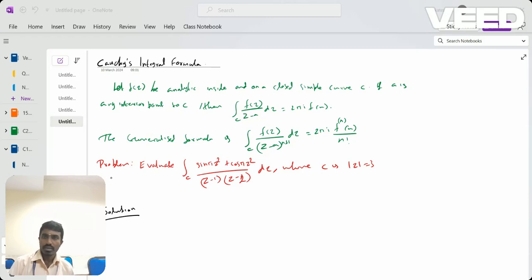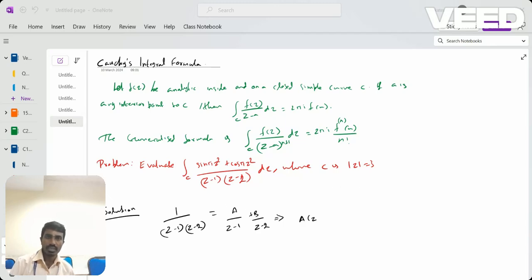Now consider 1 by (z minus 1) into (z minus 2). Now do the partial fraction, that is A by one factor plus B by another factor. First take LCM and then simplify.